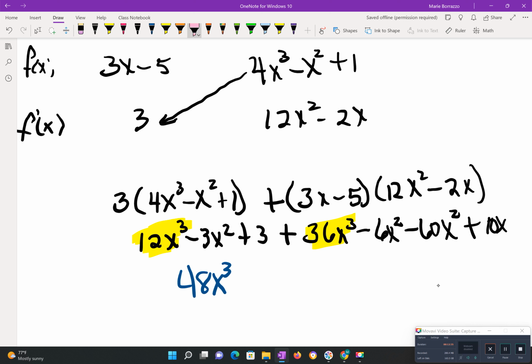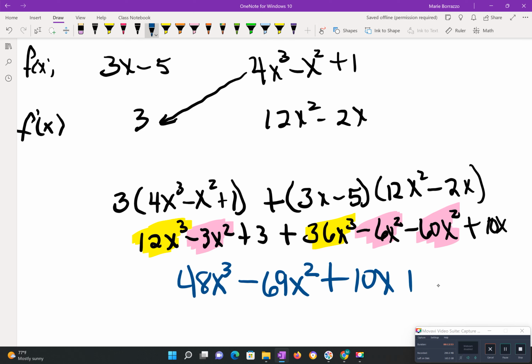The squares. That's going to give us negative 69x squared. And then the 10x is left alone plus 3. And I believe that is our answer.